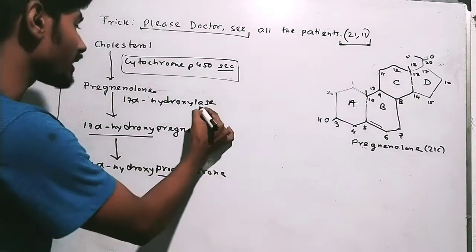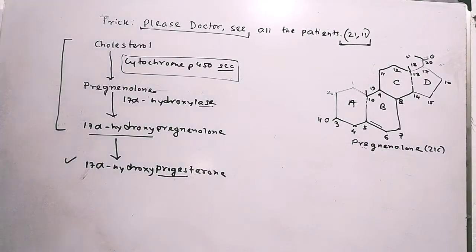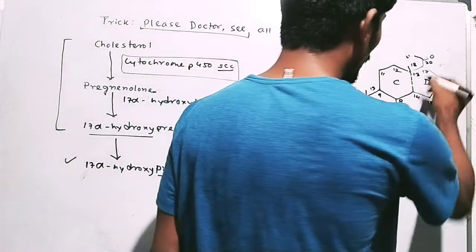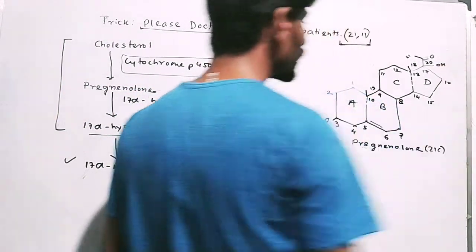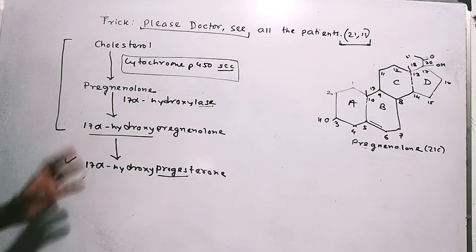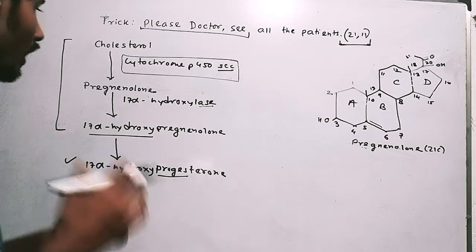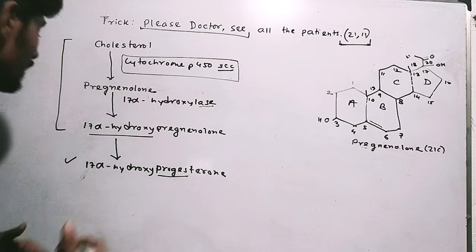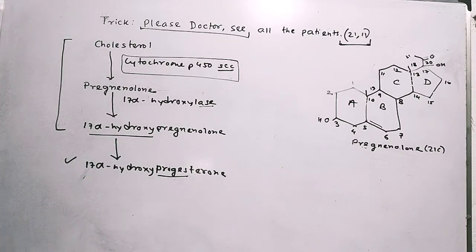Hydroxylase means the enzyme introduces a hydroxyl group at the 17th carbon of the molecule, producing 17-alpha-hydroxypregnenolone. Then 17-alpha-hydroxypregnenolone is converted to 17-alpha-hydroxyprogesterone.